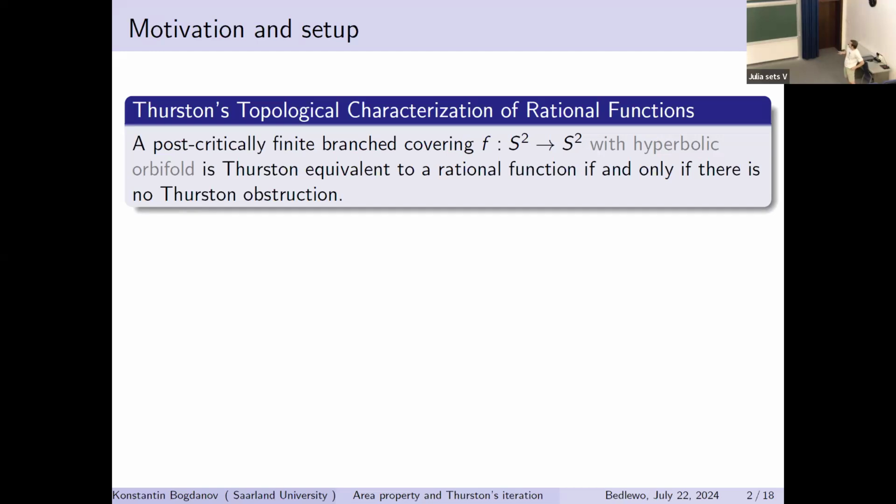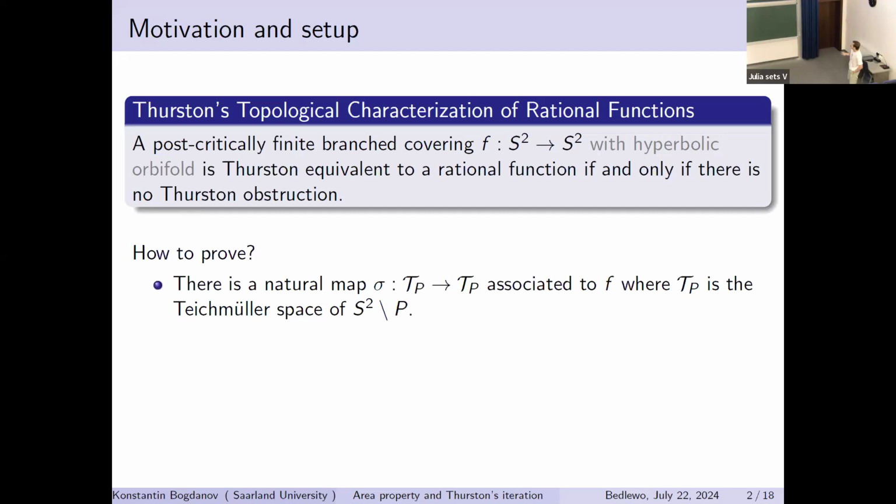So let me give a few comments about how we prove it. The way to prove it is first to take a look at some natural pullback map sigma, which is associated to F, and which acts on a Teichmüller space of the surface S2, where S2 is a two-sphere minus the post-critical set.